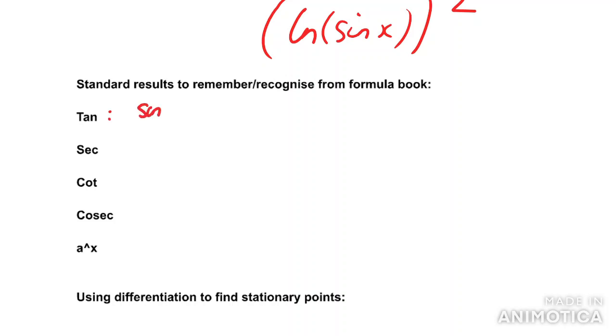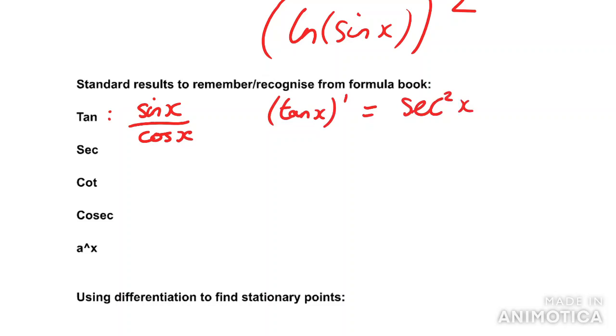If I've got the function tan x, in other words, sine x over cos x, try differentiating that and see what you get. And you should eventually get to the standard result that the differential of tan x is sec squared x once you simplify it.